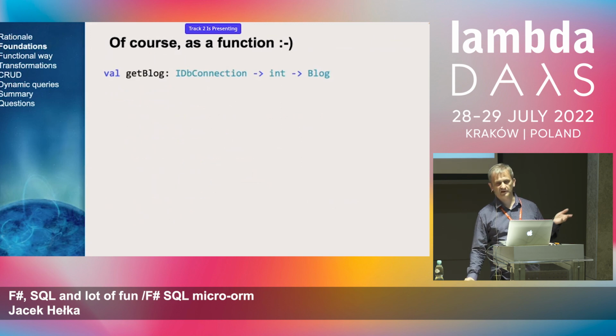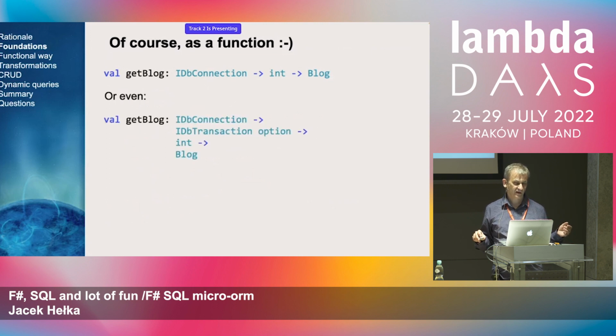Sounds like a function. So I decided that in my library, queries will be represented as functions. Of course, we need a few more parameters than regular query parameters. There are some technical ones, like the connection to the database, sometimes transactions too.